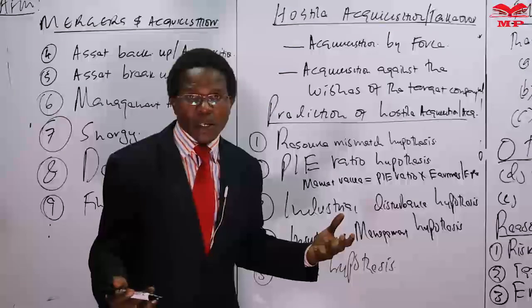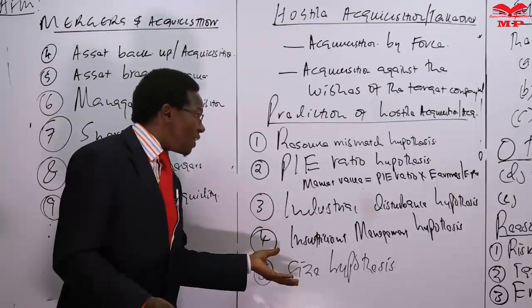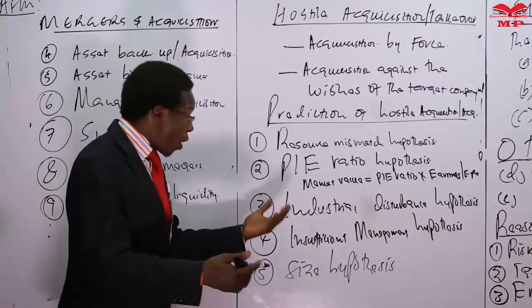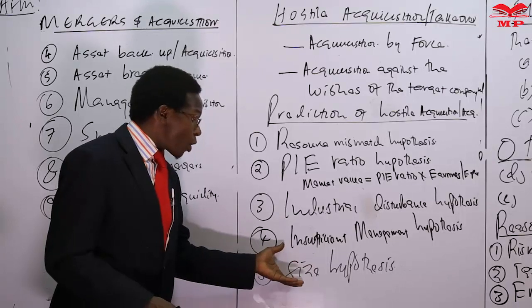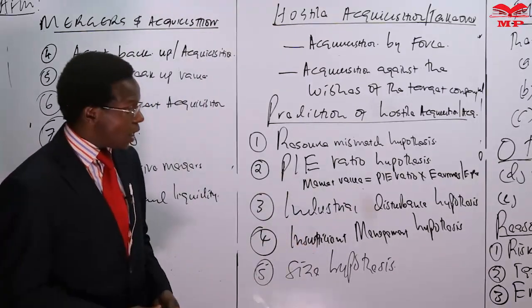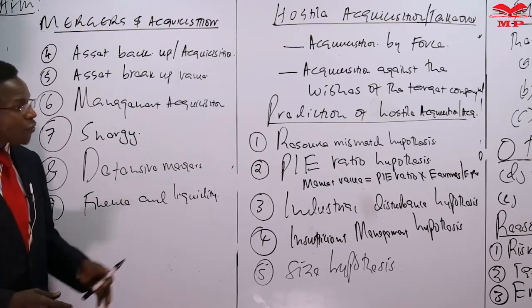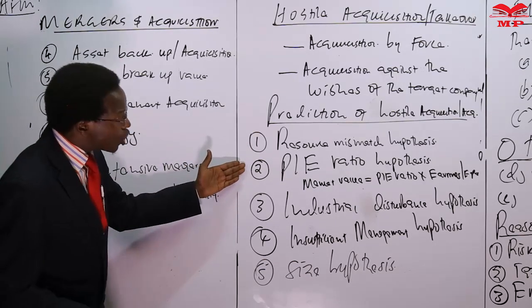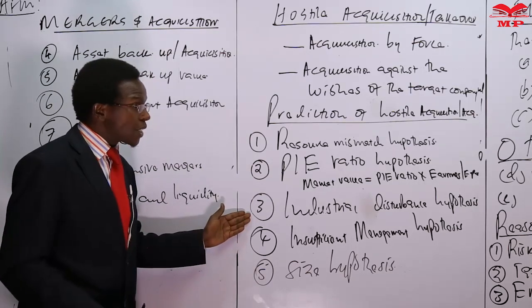But a bigger company can easily take over a small company. So that's one of the predictions that this company is likely to be taken over, because its size is considerably small. Now, these, friends, are the main indicators that a company is likely to be taken over.